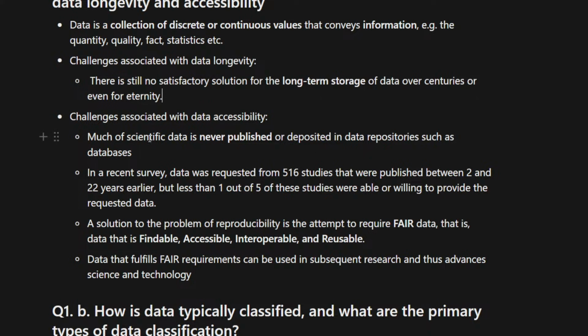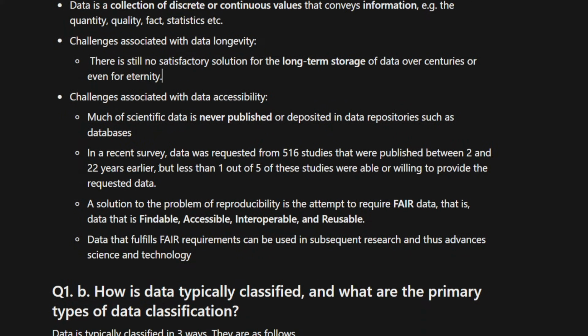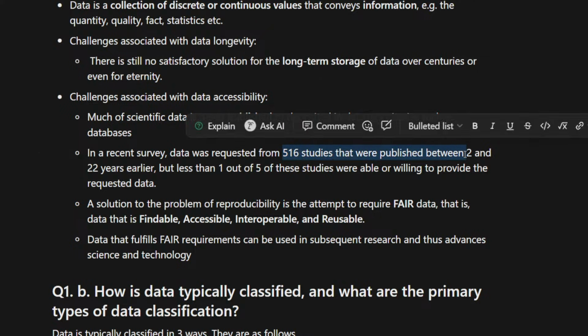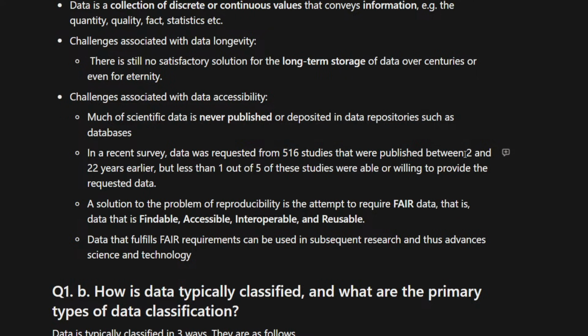Much of scientific data is never published or deposited in data repositories. In a recent survey, data was requested from 5 and 6 studies. You don't need to write these numbers exactly as it is given in your PPT. Just read this and understand what it is saying.